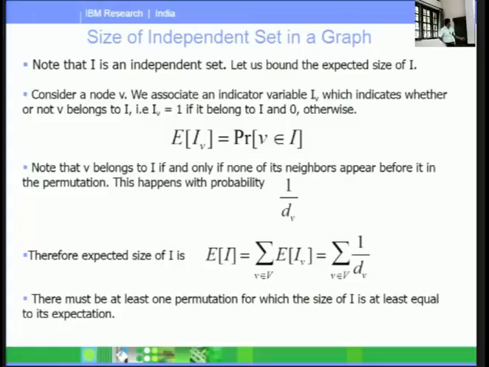So that's what you get. The expected size of I is the expectation with which each of these vertices is going to be in the independent set, and this is just nothing but this. So this is one example of use of probabilistic technique in computer science.